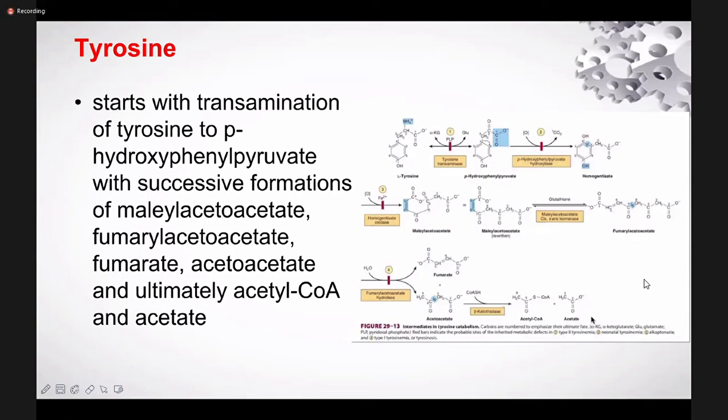Here, there are quite a lot of defects for tyrosine: 1, 2, 3, 4. So 4 enzymes can be affected in defects of tyrosine catabolism.